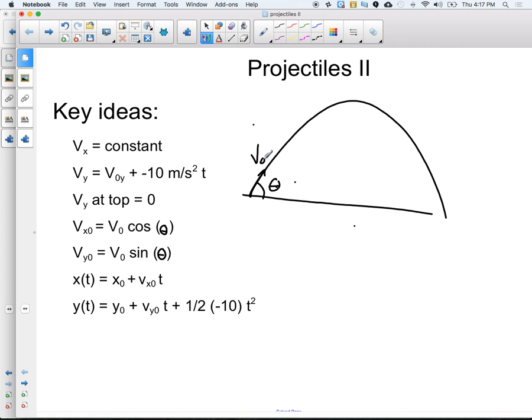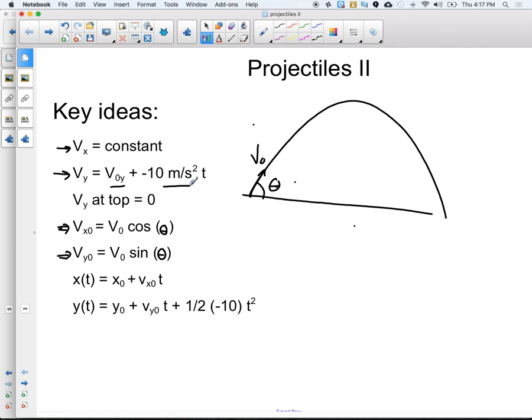So v0 has components in both the x and the y direction, and that's where we come up with these key ideas. First of all, the velocity in the x direction is constant. The velocity in the y direction depends upon the initial velocity and then is affected by acceleration.